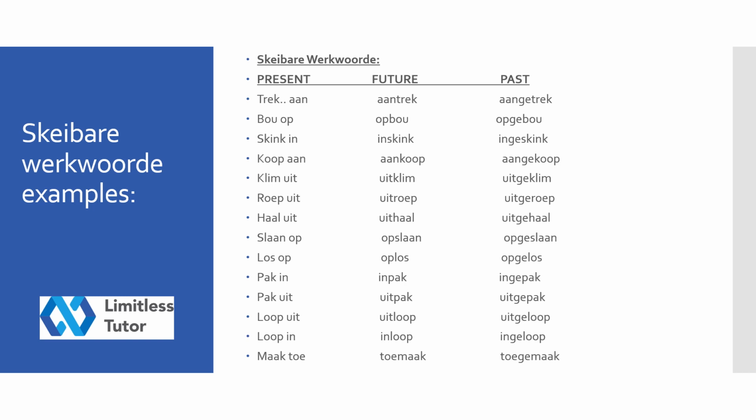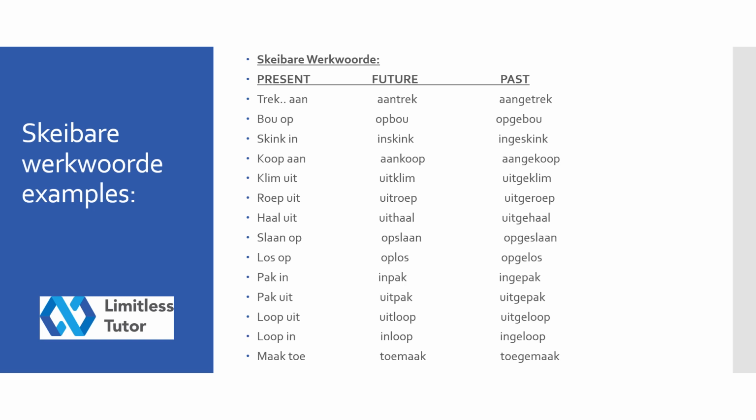In future tense, they become one word, and in past, they become one word with the "ge" before the verb. So for instance: ek trek my skoene aan, ek sal my skoene aantrek, ek het my skoene aangetrek. Or ek maak die deur toe, ek sal die deur toe maak, ek het die deur toe gemaak.